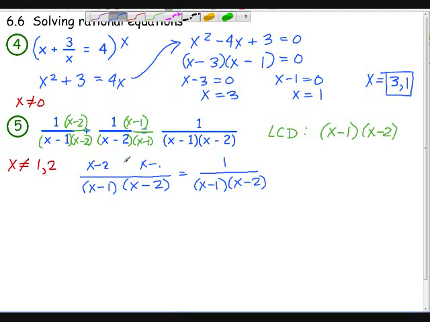But I just cleared the parentheses. That was just a plus, and this was a 1. So I've got some like terms here. It ends up being 2x minus 3 over x minus 1, x minus 2. And on this side, nothing has changed.